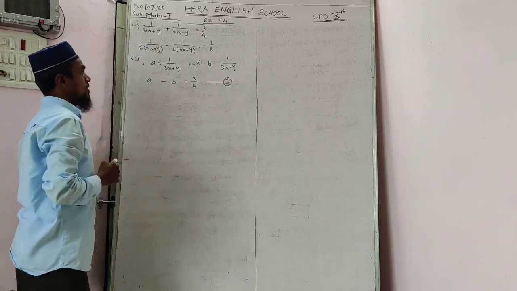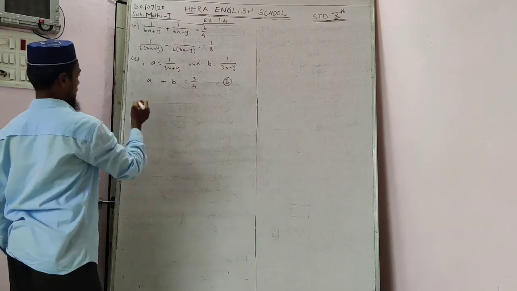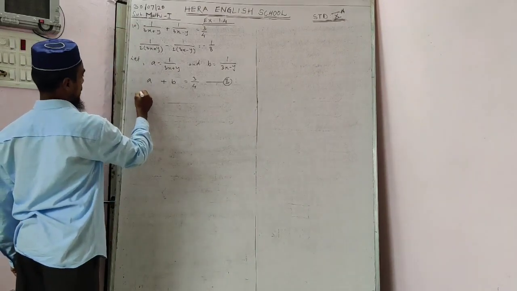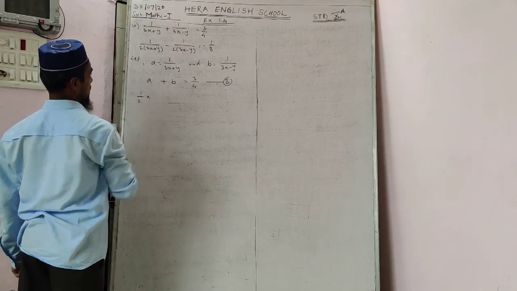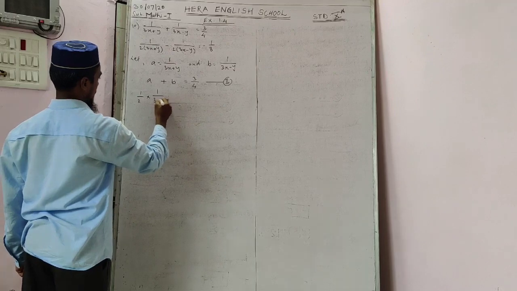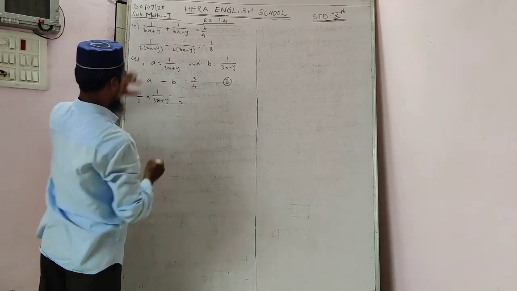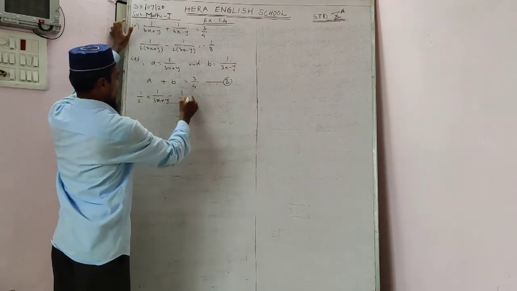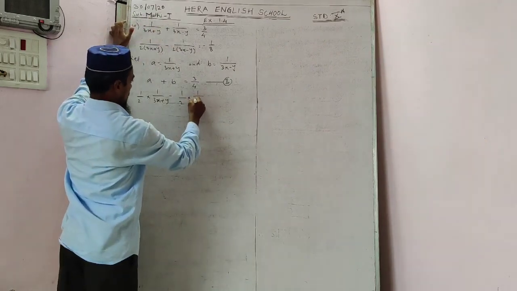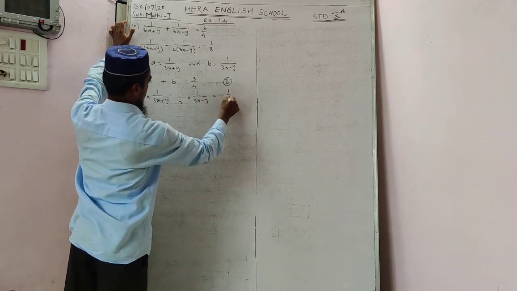Now in the second equation we have 1 upon 2. We will separate this equation first like this: 1 upon 2 multiplied by 1 upon 3x plus y, minus 1 upon 2 multiplied by 1 upon 3x minus y, equal to minus 1 upon 8.